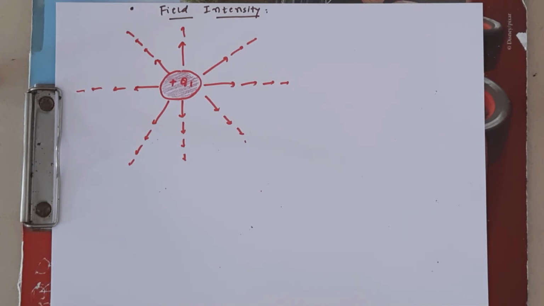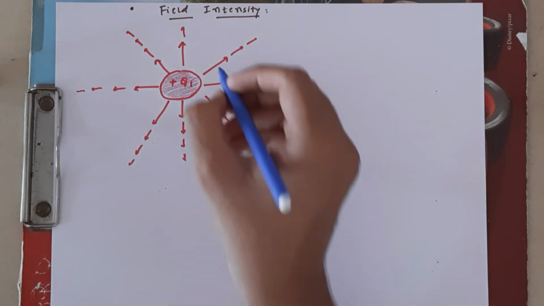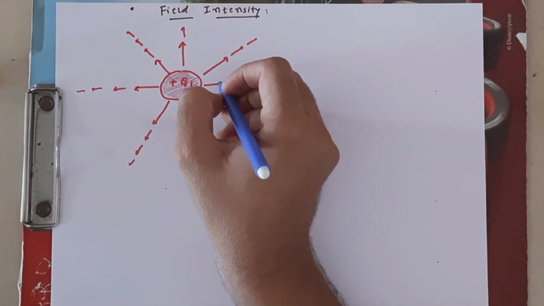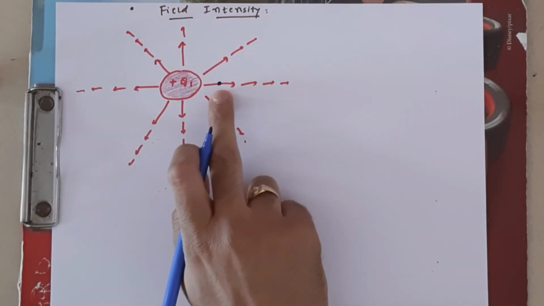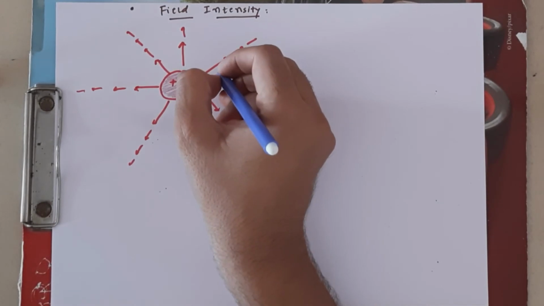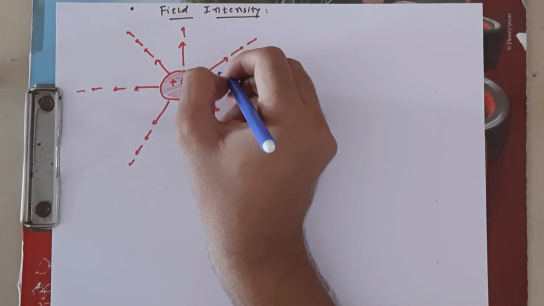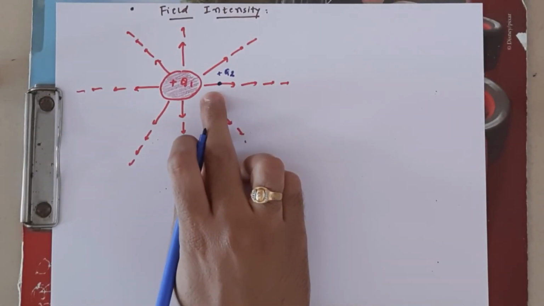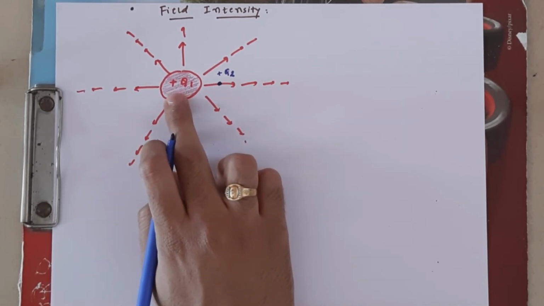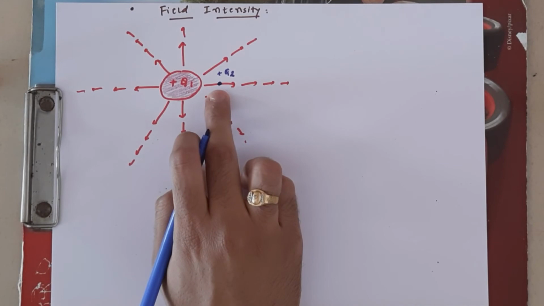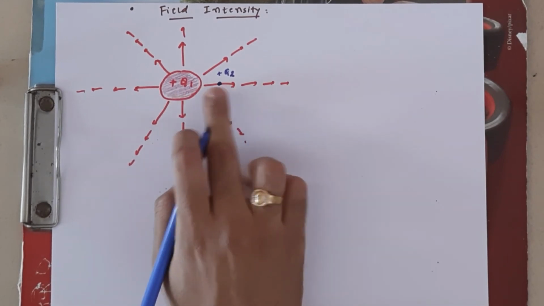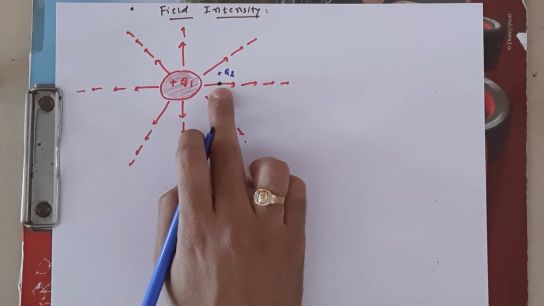Now suppose my second charge is here. It is a plus q2 charge, a very small charge. Which charge is very big? Plus q1 is very big, plus q2 is very small. Both charges are positive, so which force is exerted between the two charges? Repulsive force.